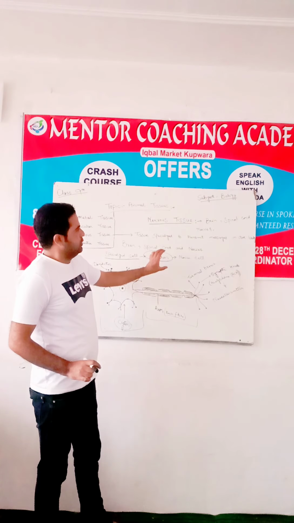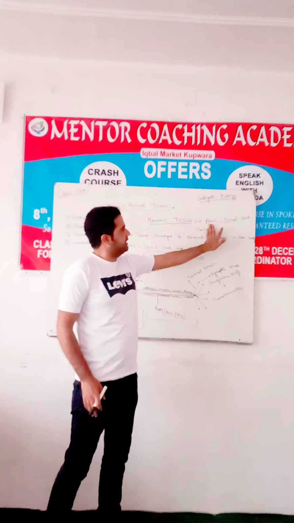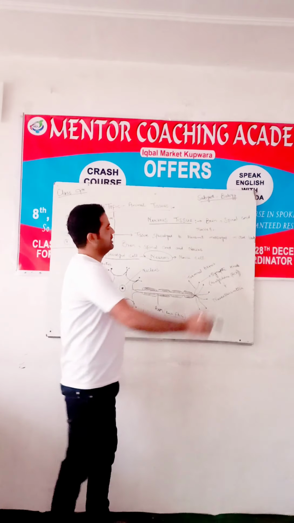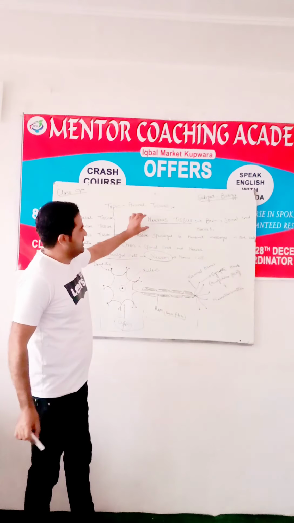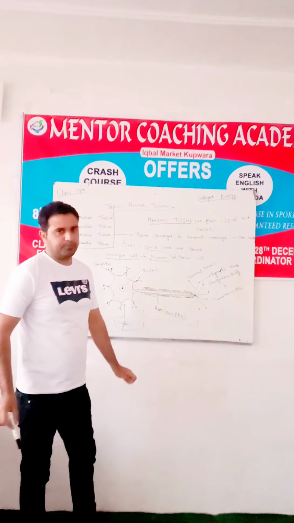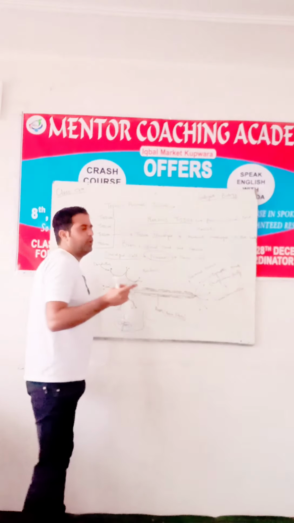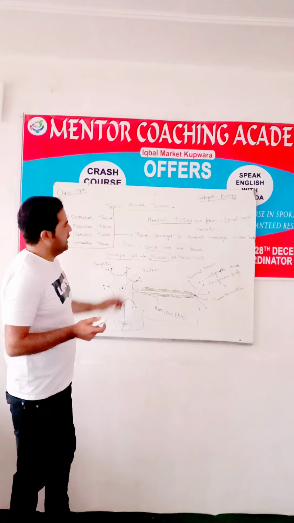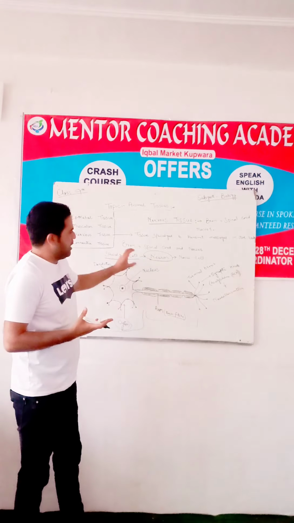I must tell you that this nervous tissue is present inside the brain, inside the spinal cord, and inside the nerves. So the brain, the spinal cord and the nerves are all made up of this nervous tissue, and they are all made up of neurons. The simplest or building unit of this nervous tissue is the neuron, which is a specialized type of cell.